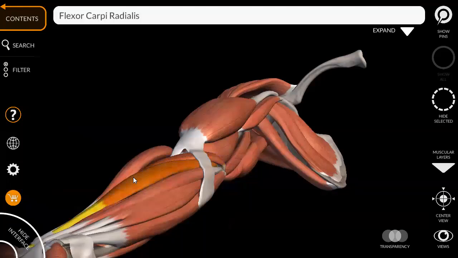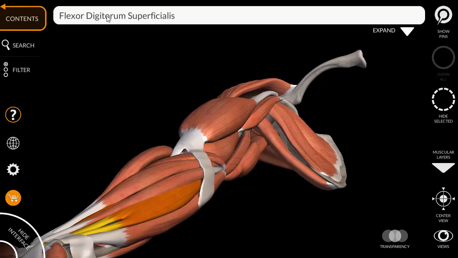Pronator teres, flexor carpi radialis, palmaris longus, flexor digitorum superficialis. The names look very complicated, but if you know the actions, then it's not that complicated. So I'll just dissect the words here.